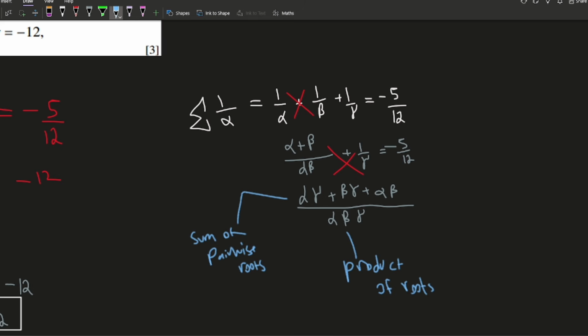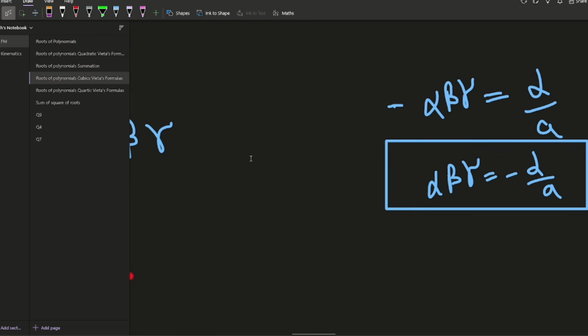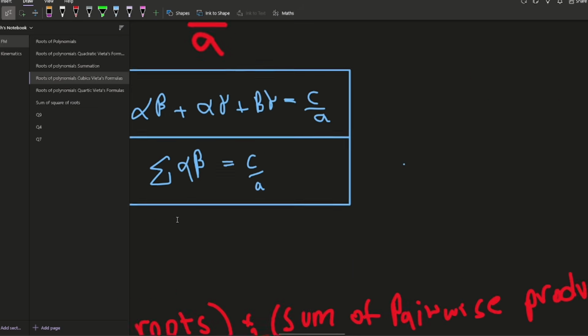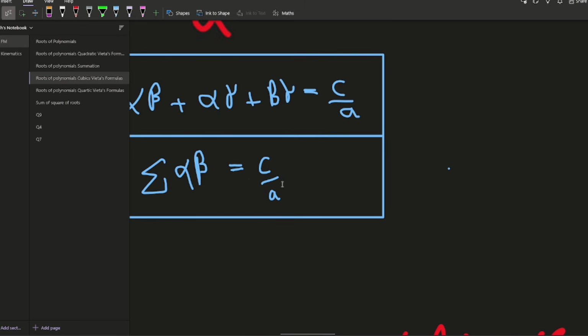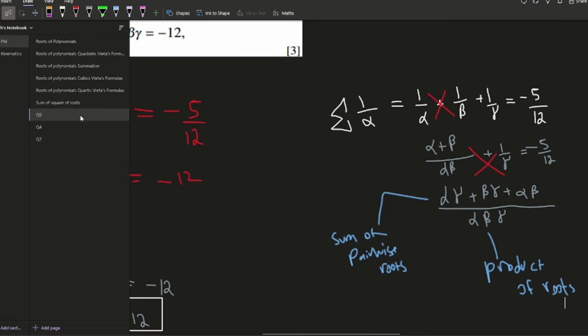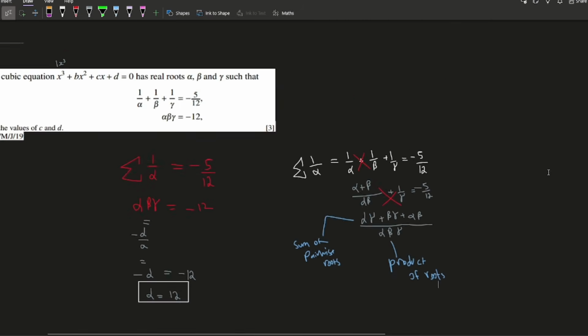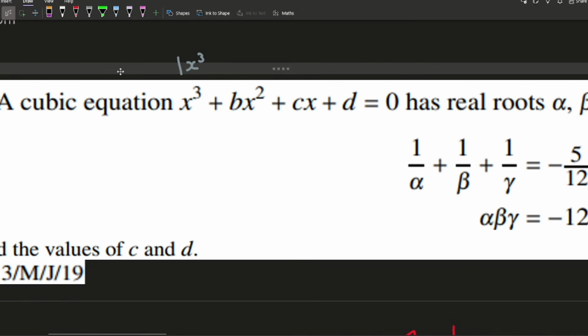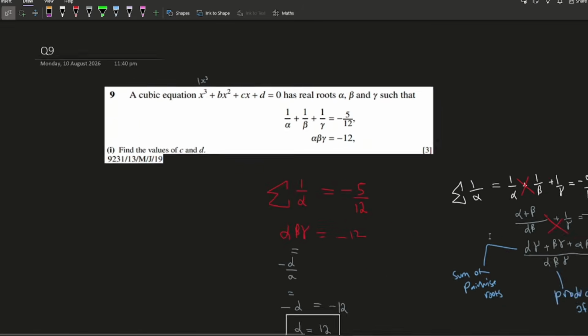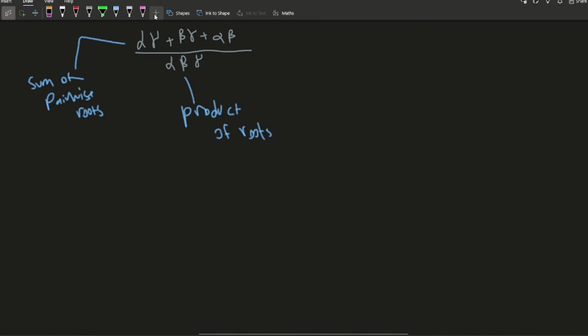And as we know, the sum of pairwise roots is given by C over A. So since we know the value of A already, which is 1, we can just write C here.